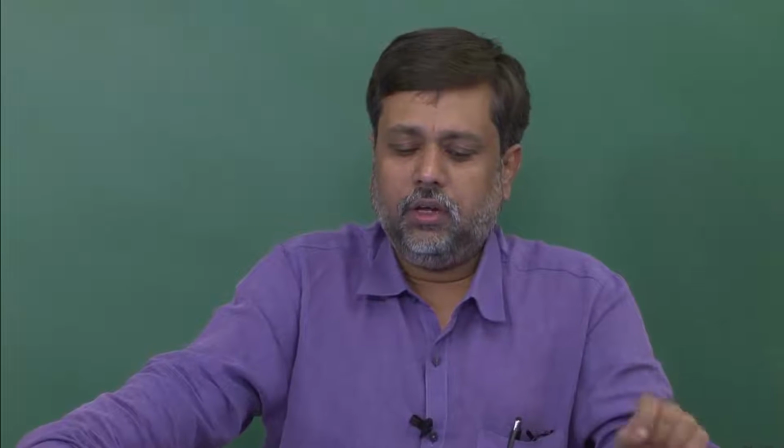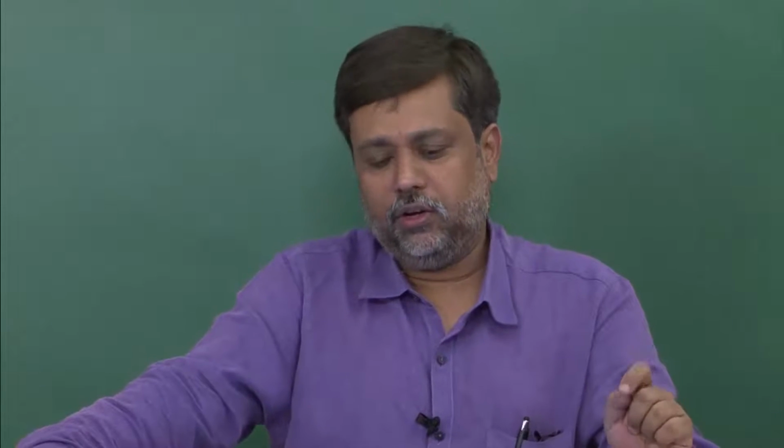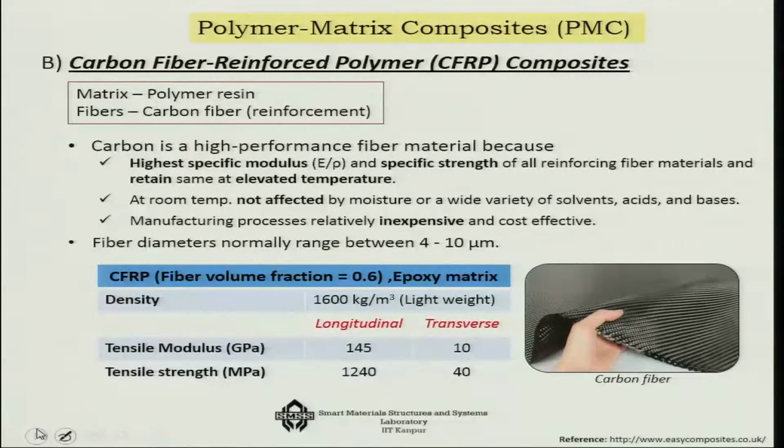Now carbon is a very high performance fiber in comparison to glass fiber. It has a very high specific modulus, the E/ρ ratio, that is modulus of elasticity to density ratio, and also a very high specific strength. Not only that, it can retain the same at elevated temperature.